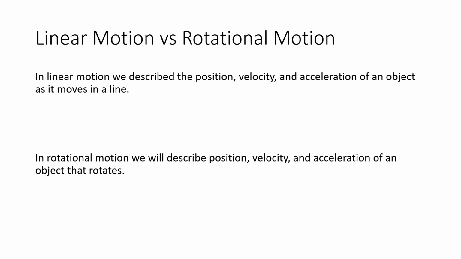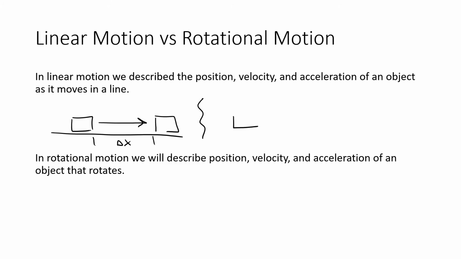So in this case, like a car that moves, it has this displacement that I called delta x. That's the change in position. And then we had something looking at just the velocity.